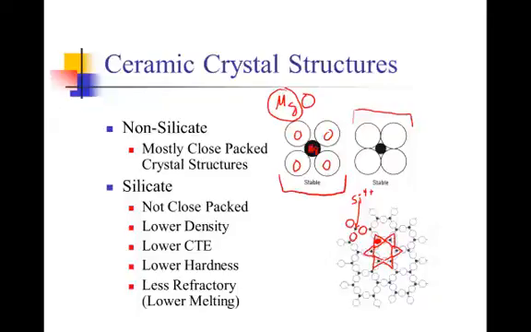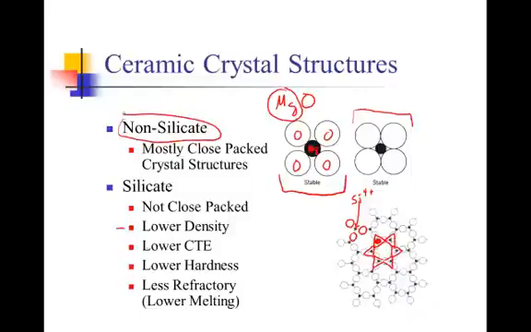And the ring has a bunch of empty space in the middle, what we call free volume. And so there's a very low packing factor. And so this leads to silicate ceramics having a much lower density compared to non-silicate ceramics.